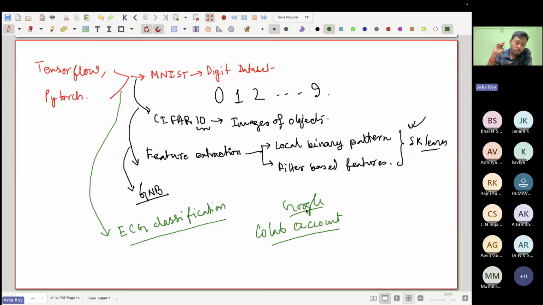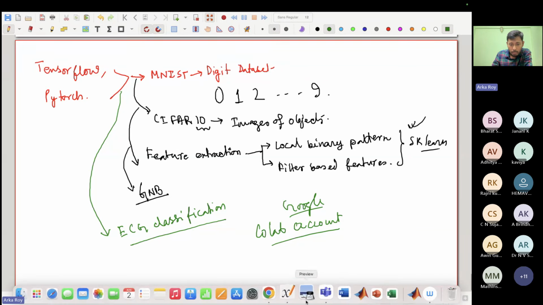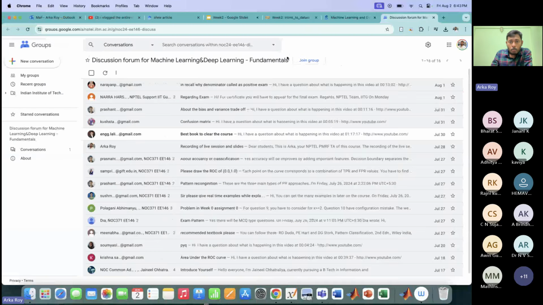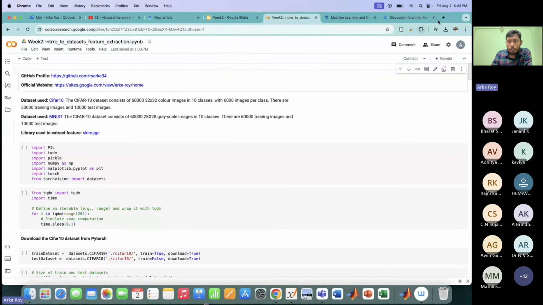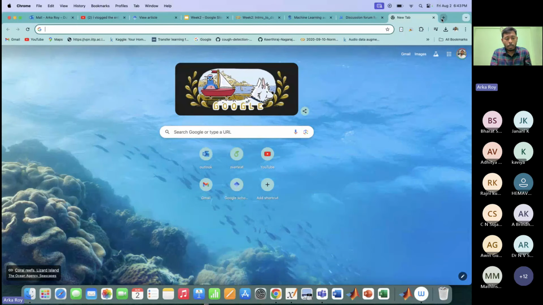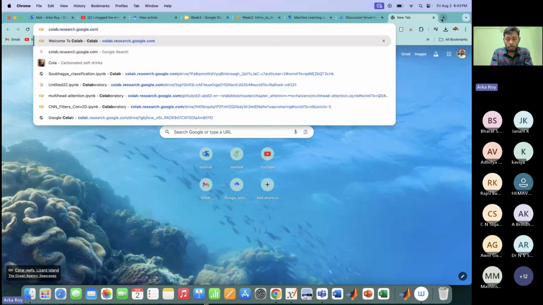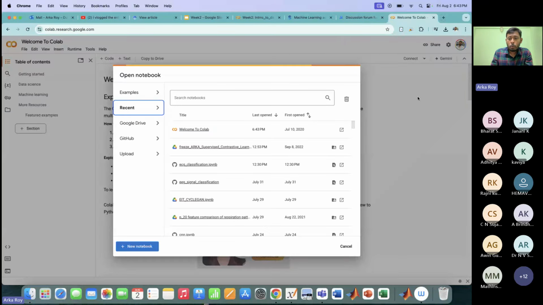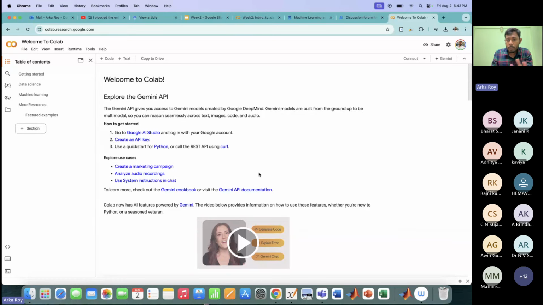This is a web-based application. So if I just go to it, you start Colab. When you open Colab, this sort of interface will come.